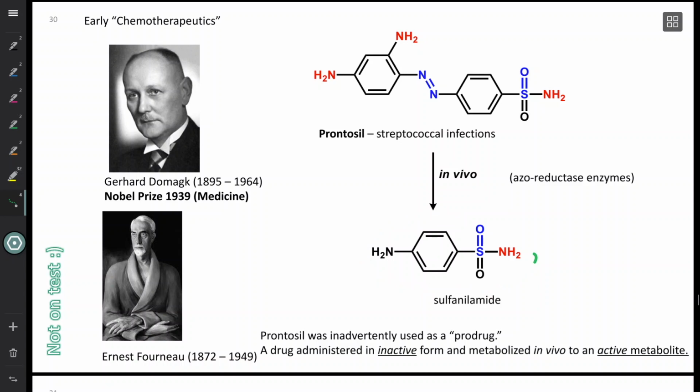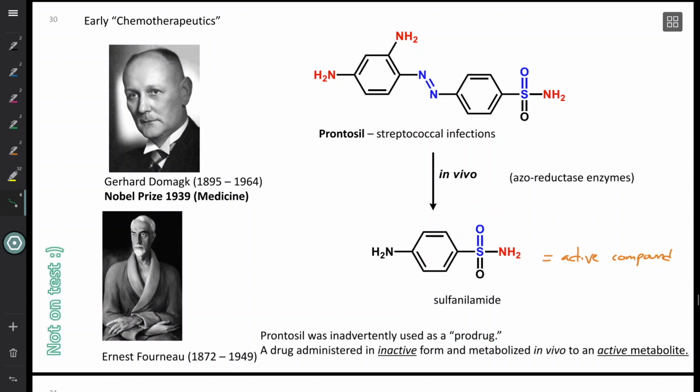Well, it's a sulfanilamide, right? So this is the sulfonamide group here, and this is actually the active compound. Right, and so that makes prontosil, completely by accident, one of the first prodrugs.